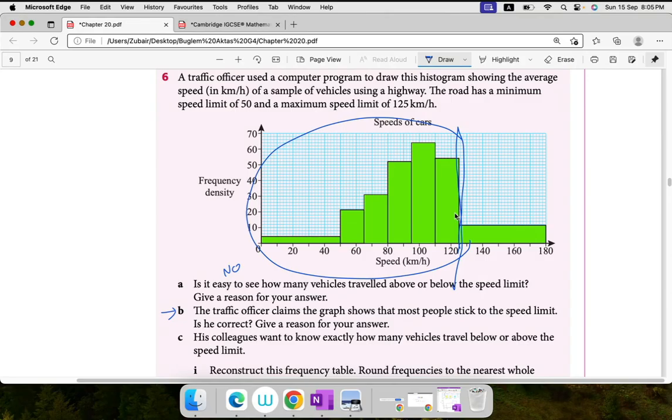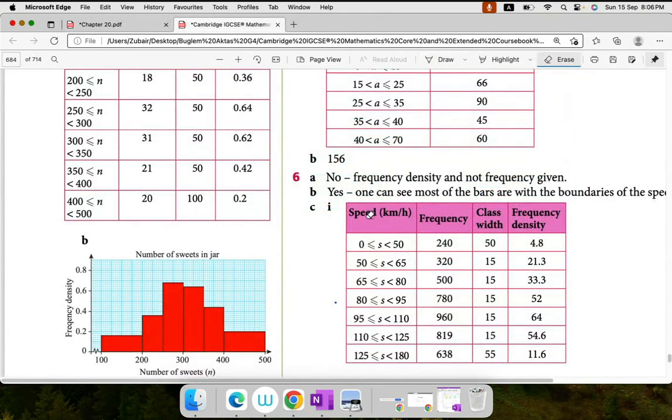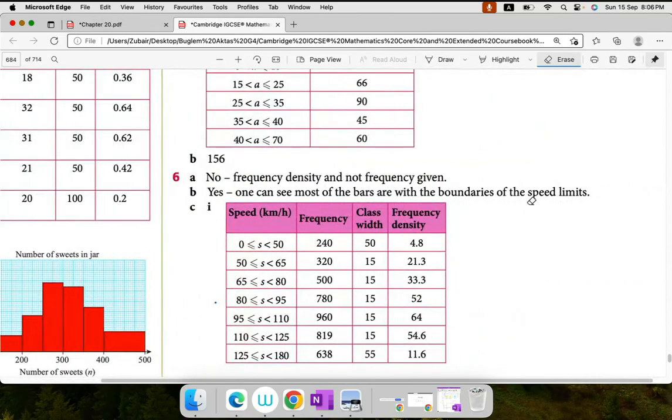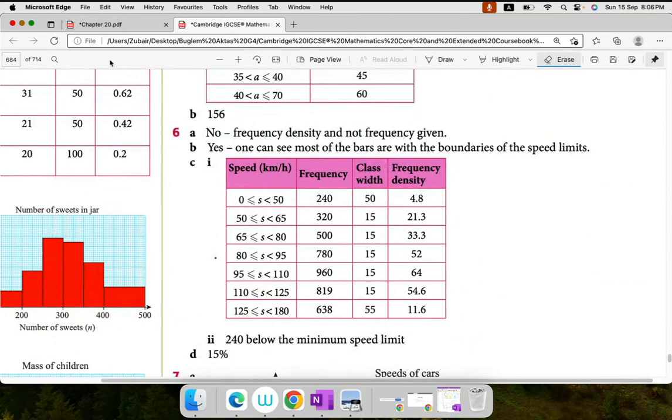So that's why a lot of people follow the speed limit. Yes, they're not overspeeding. One can see most of the bars within the speed limits, yes.